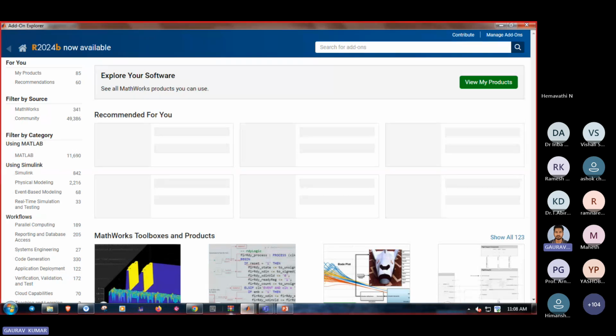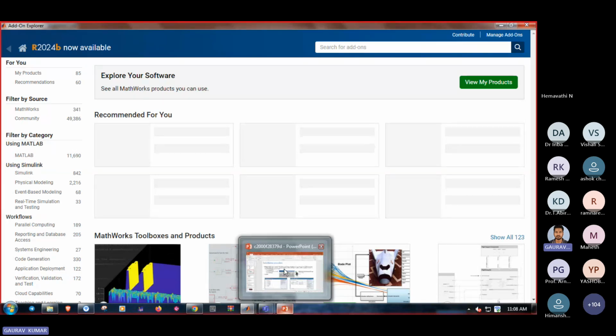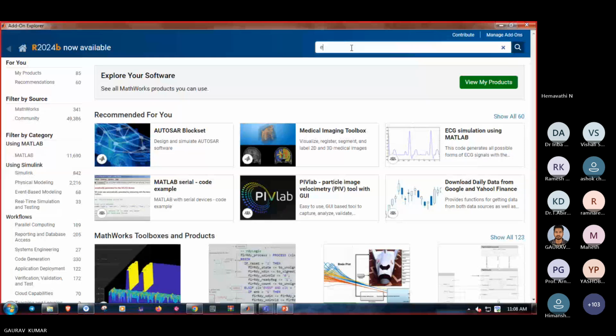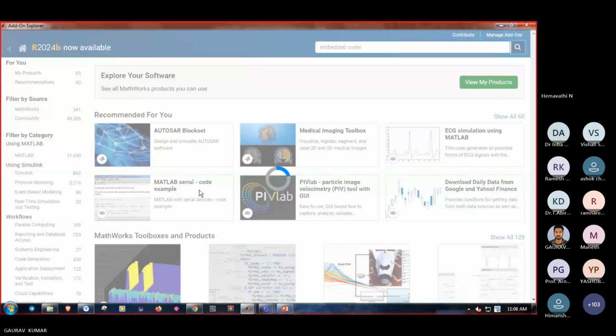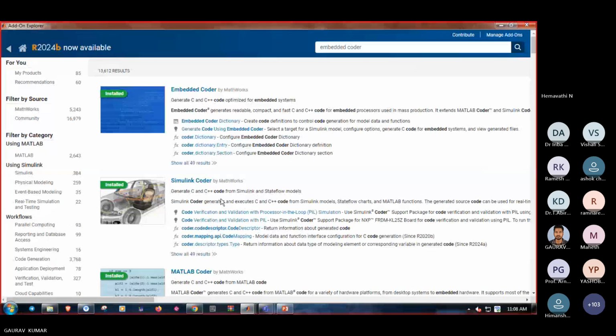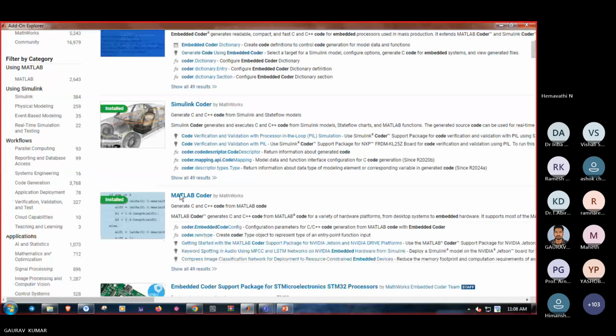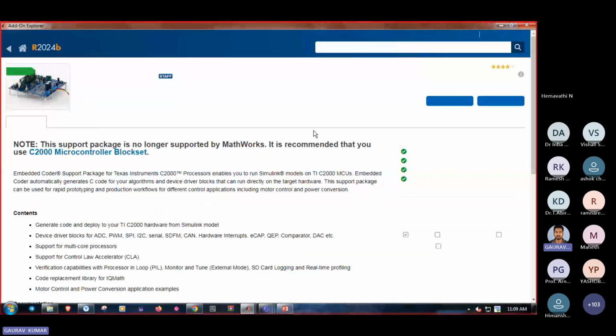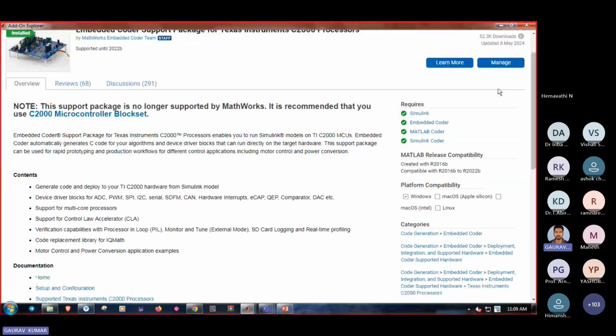Then we have to search for the embedded coder support package for Texas Instruments. Okay, this one is the embedded coder support package for C2000. Then we have to go to the manage section.